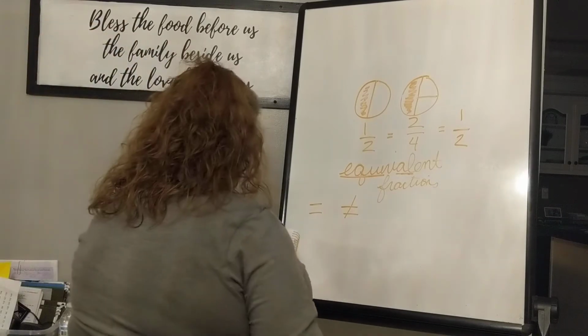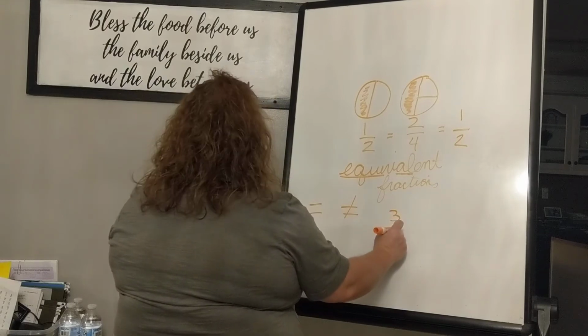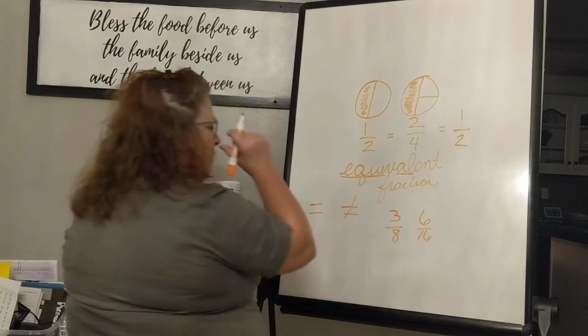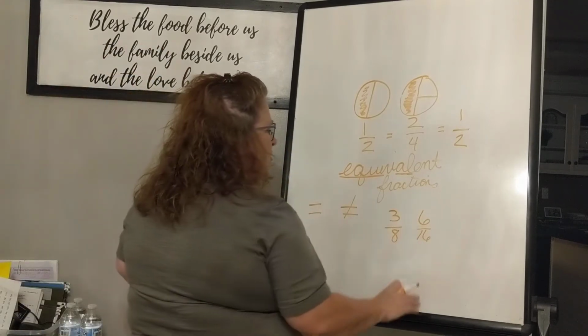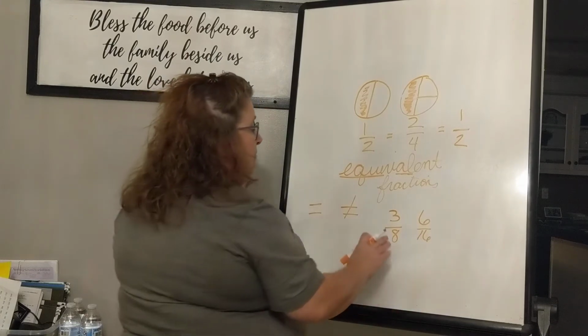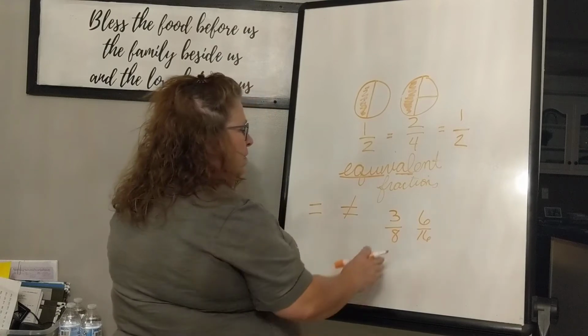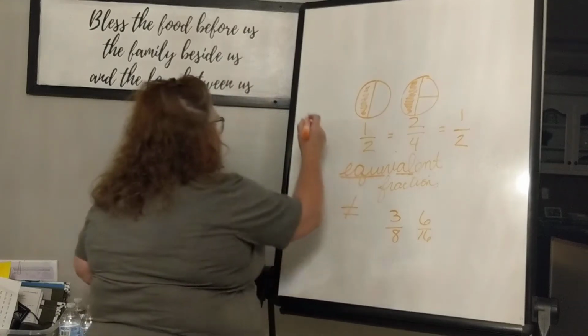So if we have the fractions 3/8, this is letter A, 3/8 and 6/16, we have to think, is there any number, same on top and bottom, that can be multiplied by to equal 6/16 from 3/8.